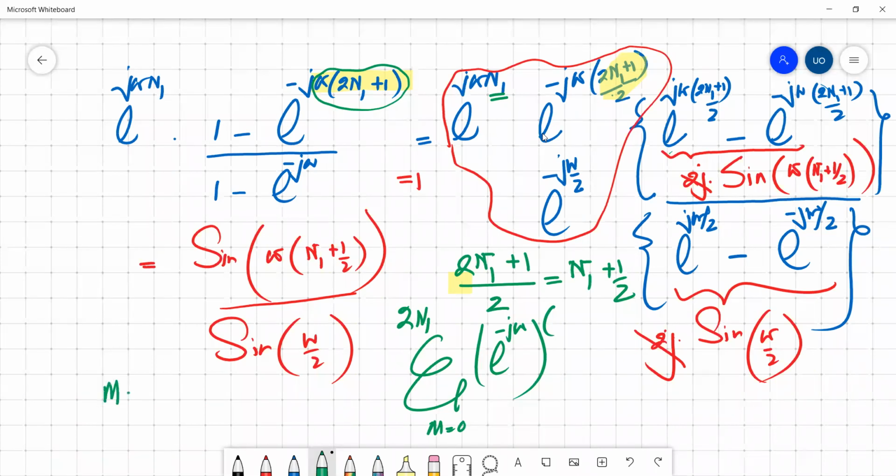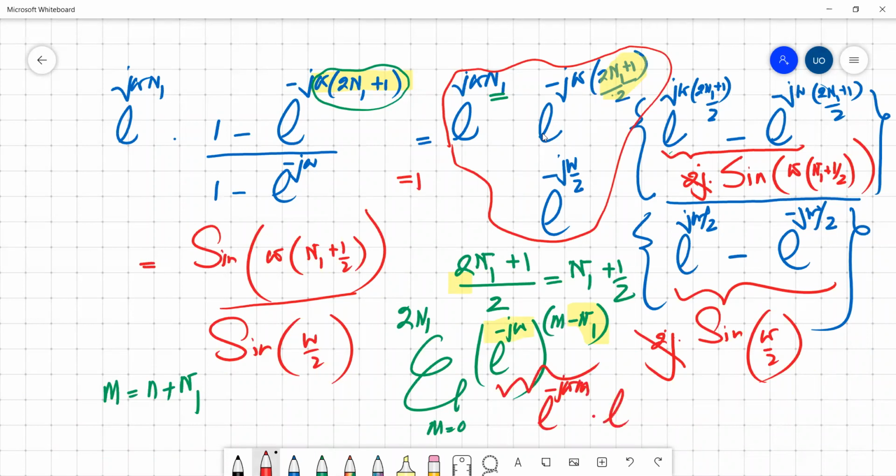The substitution is m equals n plus n1. Once you replace n with m, this becomes m minus n1. If you expand these exponential terms, we have e to the power minus j omega m.